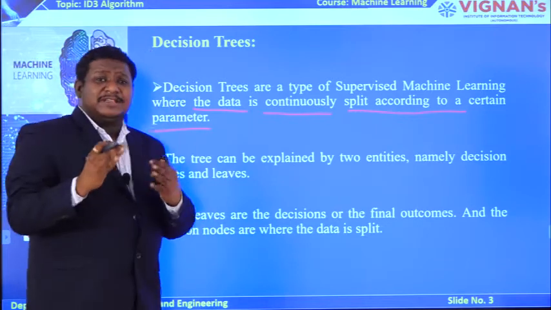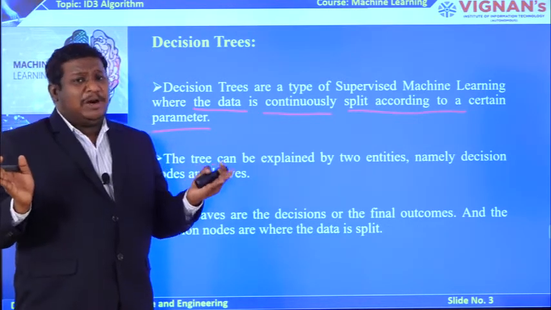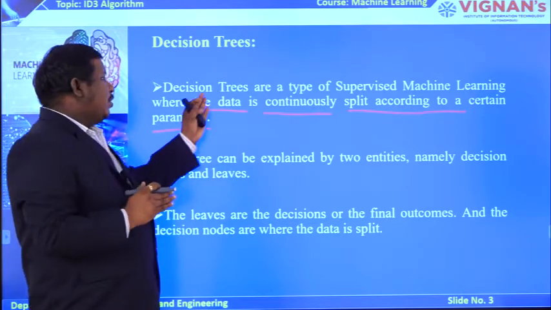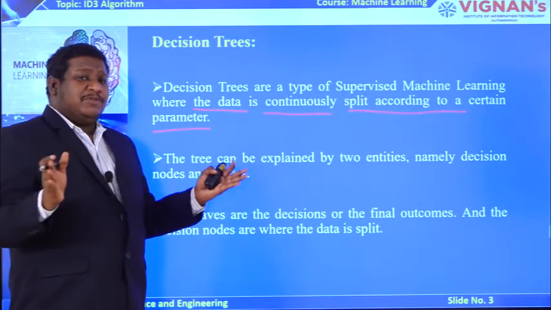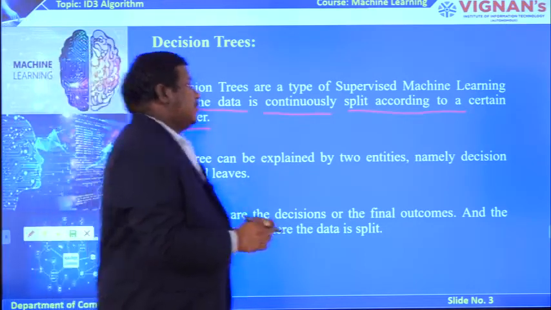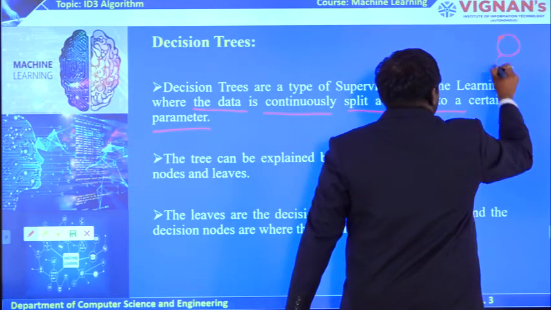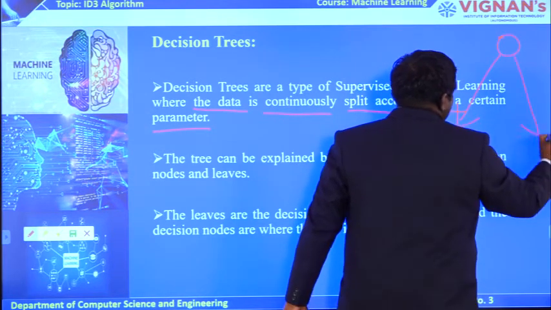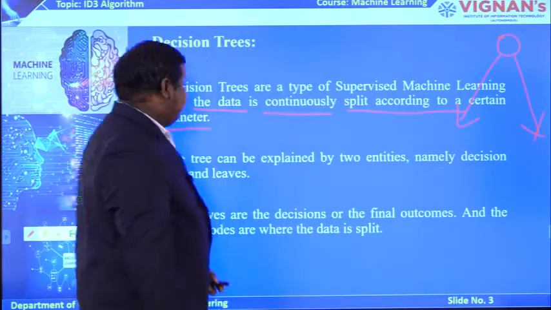By considering a certain condition or parameter, we split the data into parts. That is the major thing we implement in decision trees. Suppose this is the condition; by taking this condition we split the data into two parts.